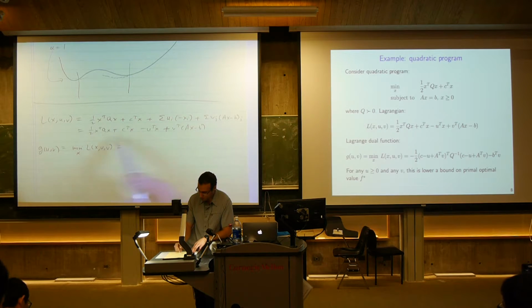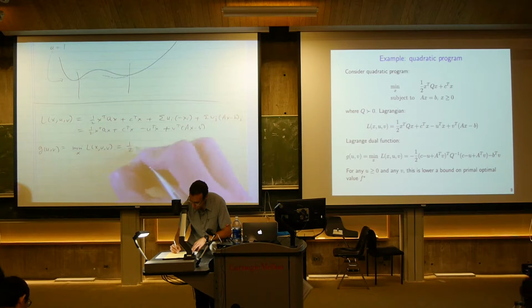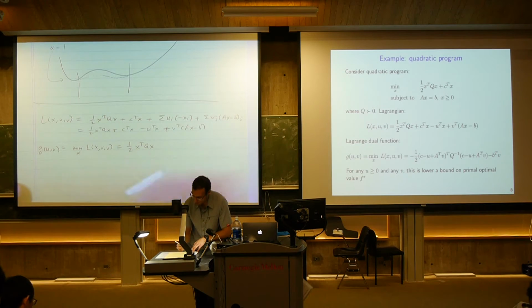And in order to think about what that is, it's helpful to collect terms so that we have a single quadratic in x. Think about u and v as fixed. Okay, so that was the only quadratic term we had. And how about for the linear term? We can write it as (c minus u plus A transpose v) transpose x.